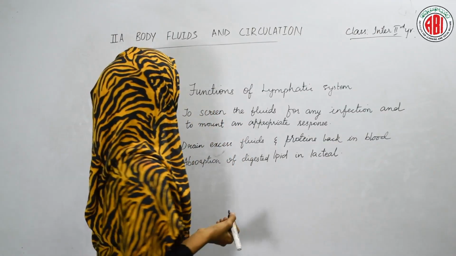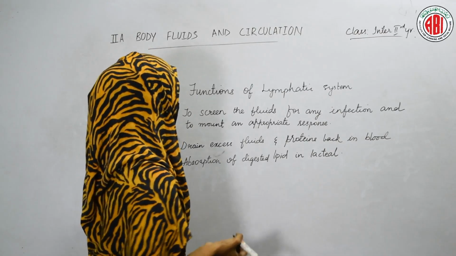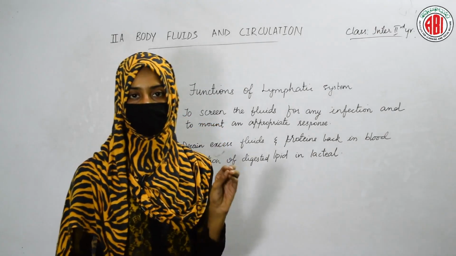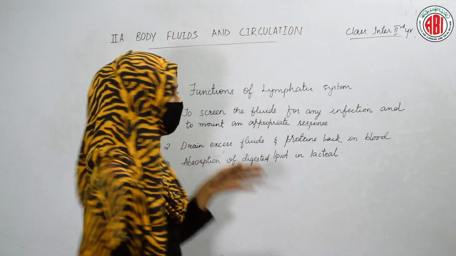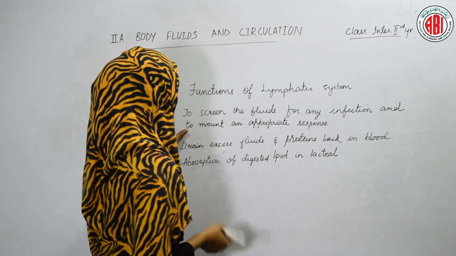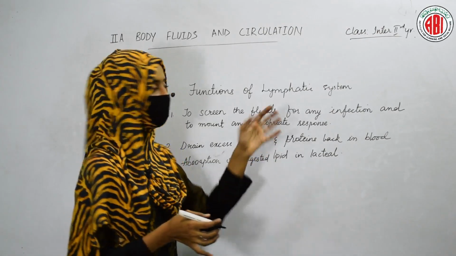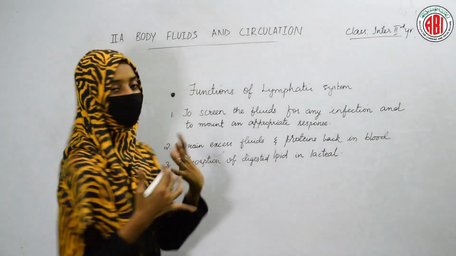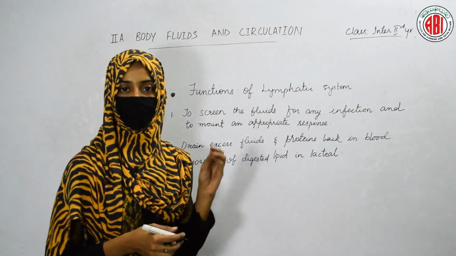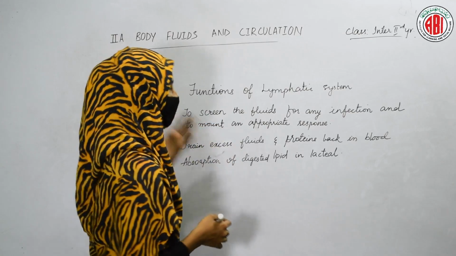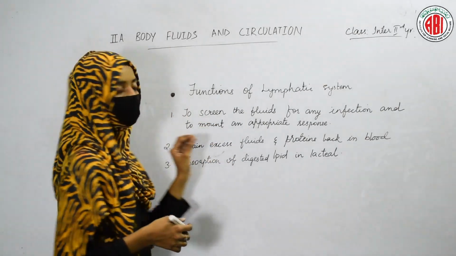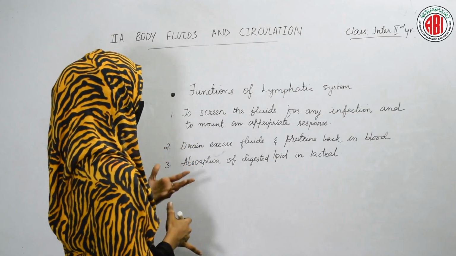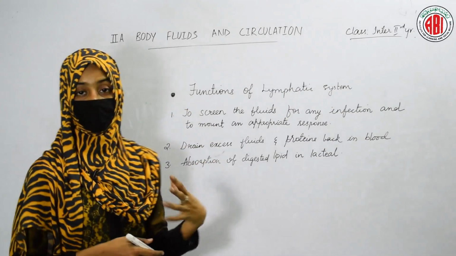Let us study the functions of the lymphatic system. From the start, we are learning that the lymphatic system is a system that helps to screen and test the fluids, to see whether any infection is present. If any bacteria are found in the lymph, then the T lymphocytes and B lymphocytes present in the lymph node become active and mount an appropriate response.